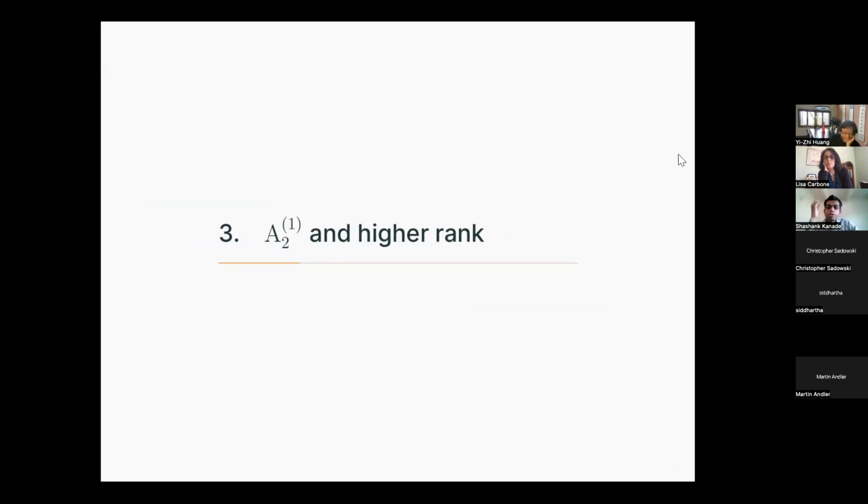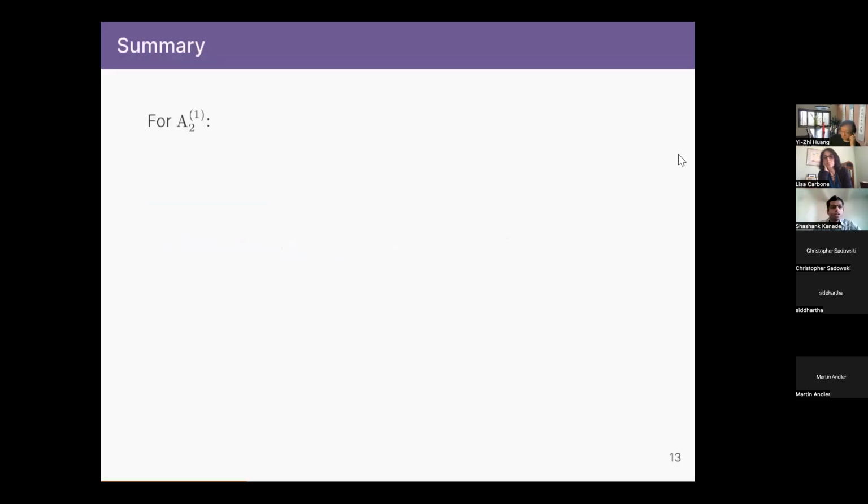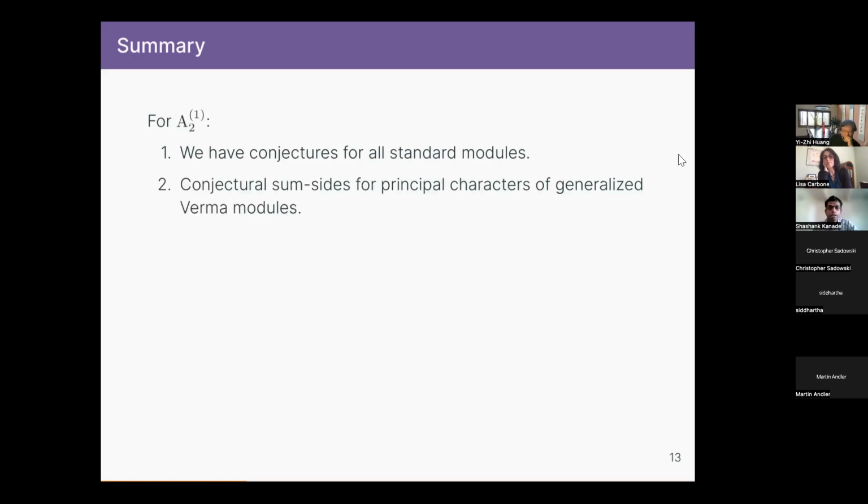So obviously you can ask what happens for the next rank up, like A2 and even higher rank. Let me just give you the summary of what we do know at this point. So for A2, at the moment with Matthew, we have conjectures for all standard modules, how the sum sides should look. We also have conjectures for these infinite level or alternately generalized Verma module characters.